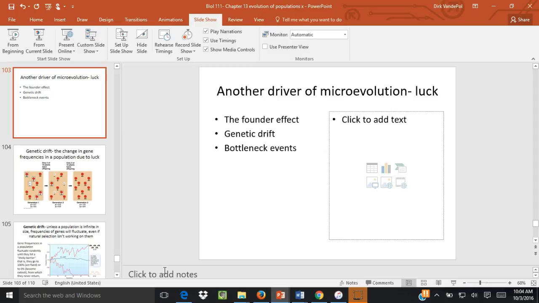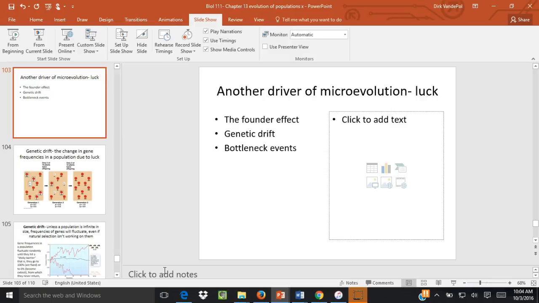So for a few important genes, like the color of your fur, the warmth of your fur, the sharpness of your claws, the craftiness by which you sneak up on your prey, those genes have an influence on whether you survive or not. Other genes are less important for that matter, yeah?